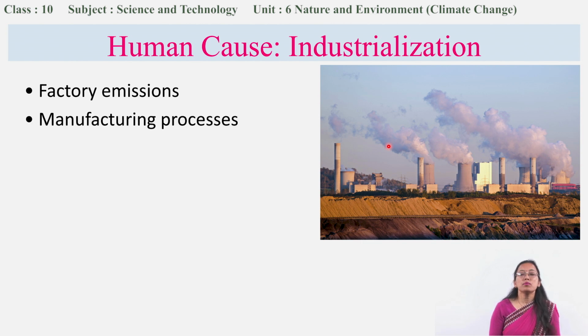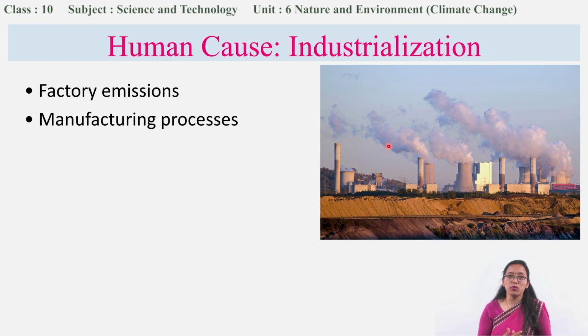And the manufacturing process: different types of equipment are manufactured in industries and factories, just like brick industries you may have seen in your localities. Even that is a small factory, but have you seen how much gas is released from it? So with such big industries, can you imagine how much energy and how many gases will be released?